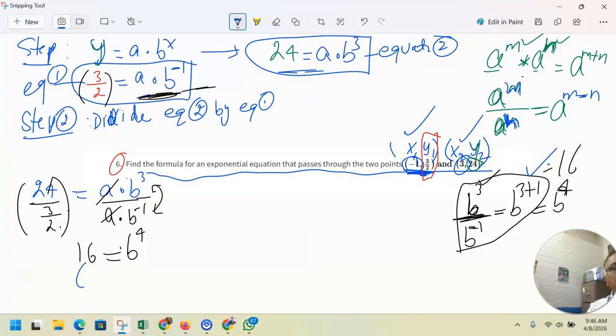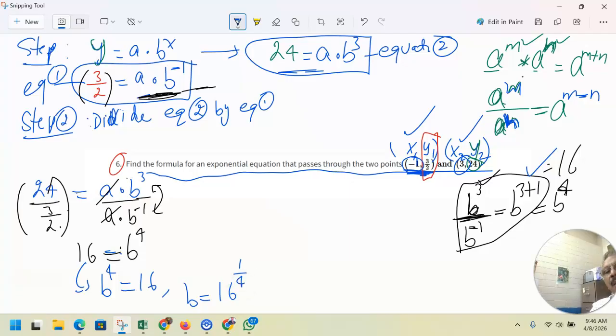Once you get this step, the next step is to figure out b. So this is b raised to 4 equals 16, right? Then by definition, we can write b equals 16 raised to 1/4. What did I do here?